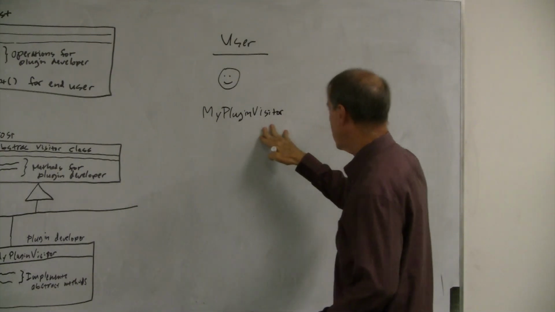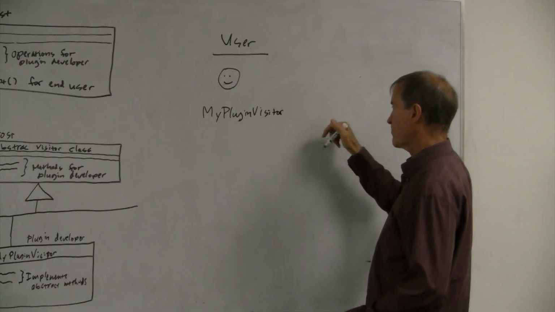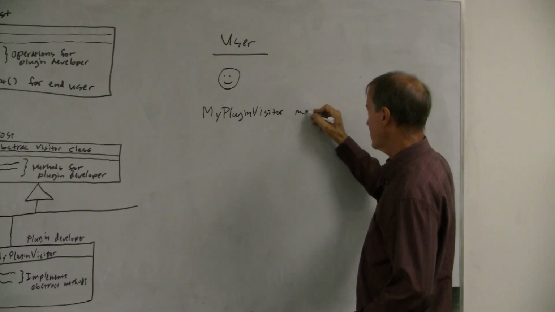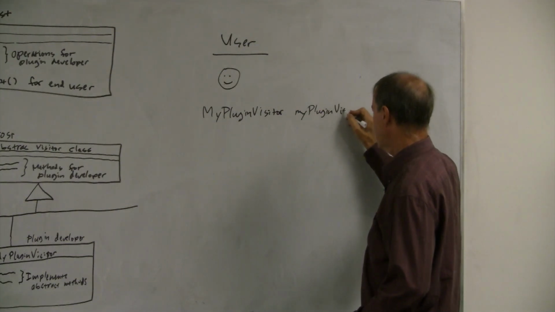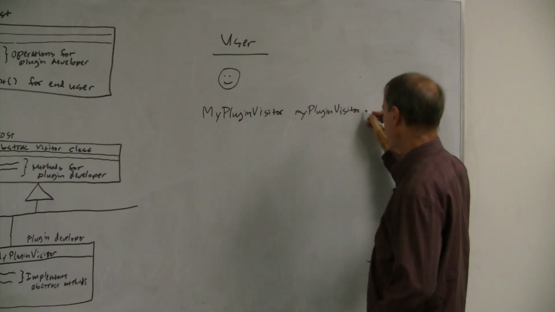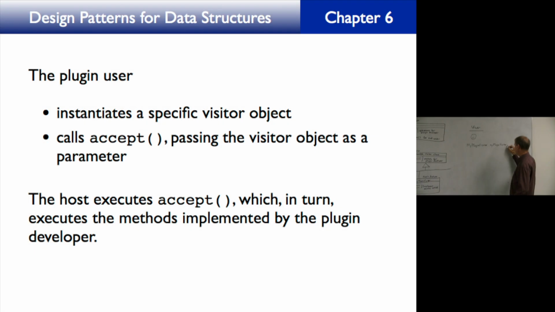That's the type. And then the name of the variable, let's use lowercase m: myPluginVisitor. Are you with me? So you see that this is what we mean by instantiates a specific visitor object.